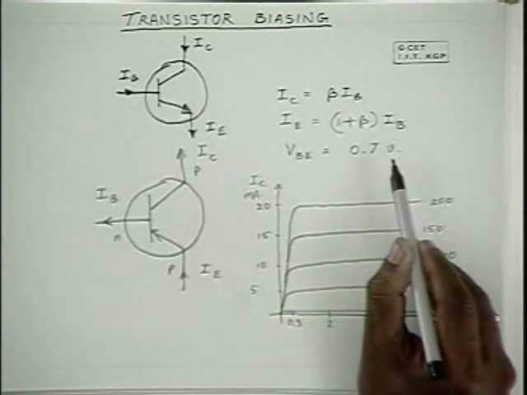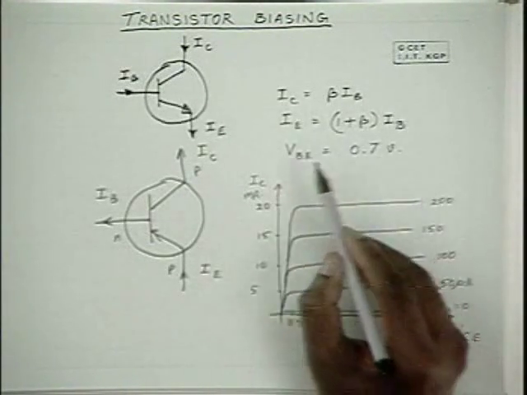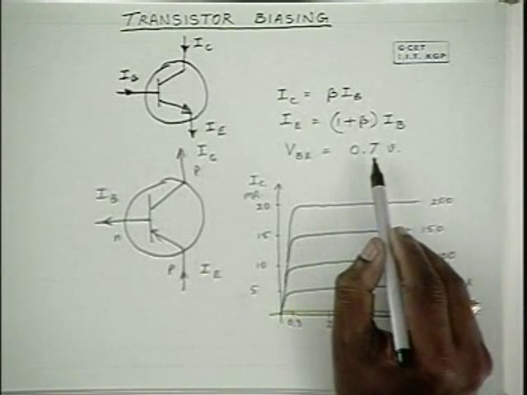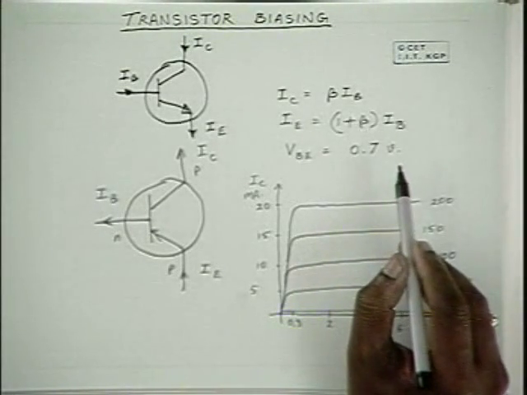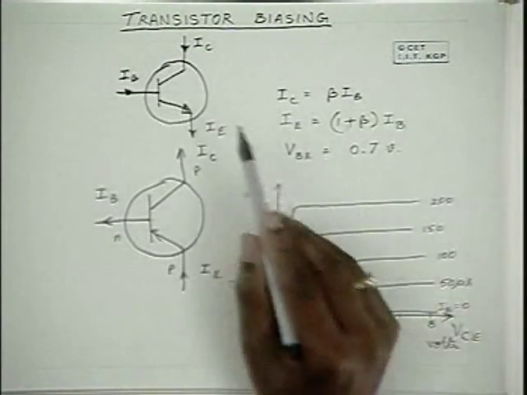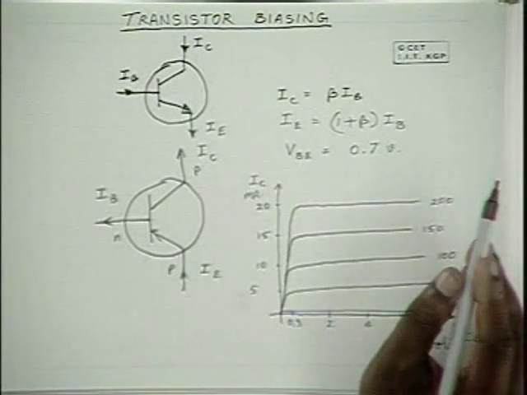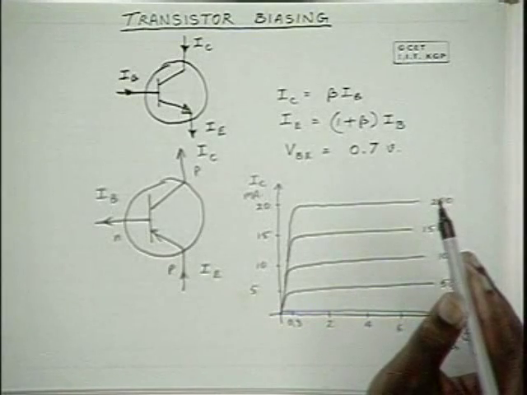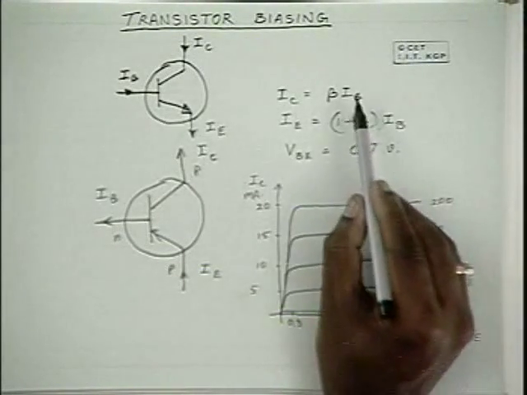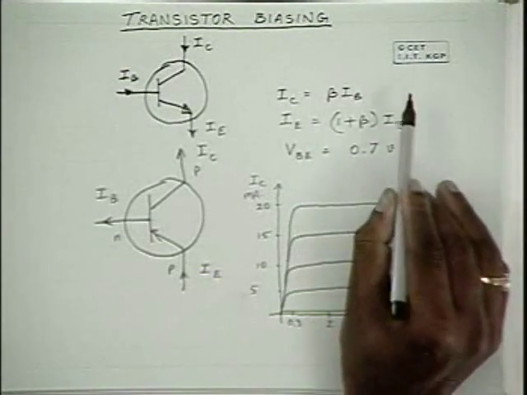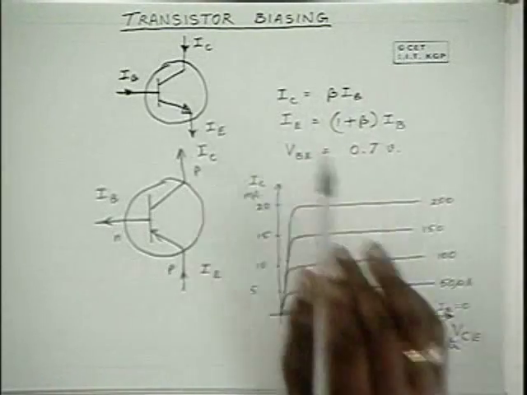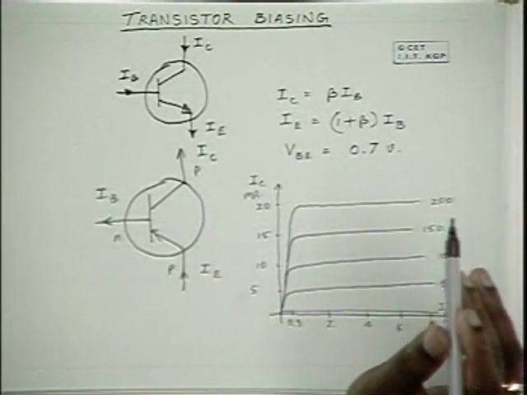For low values of base current, it may be about 0.6 or 0.65, and for high values of base current, it may be 0.7 volts. So irrespective of the current value, the base to emitter potential is around 0.7 volts. This is what a transistor has when it is biased in the active region.